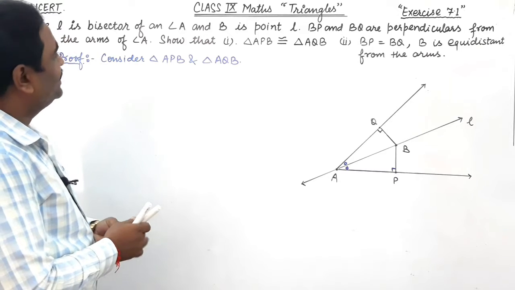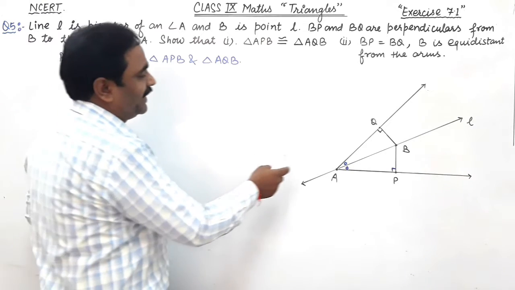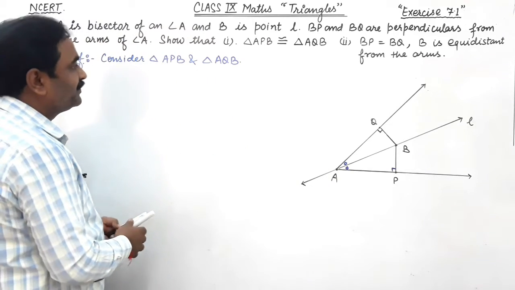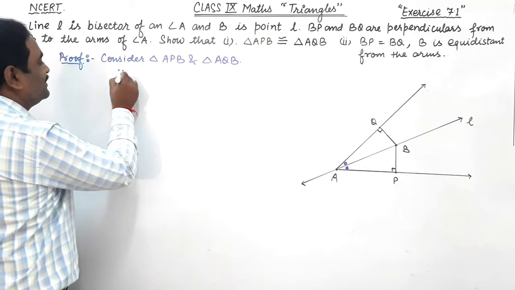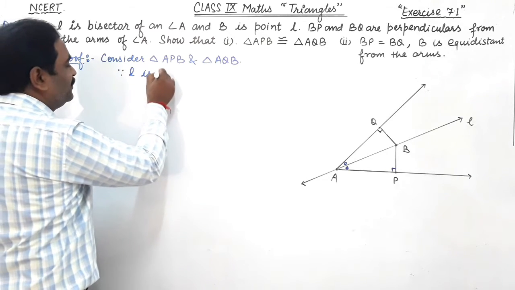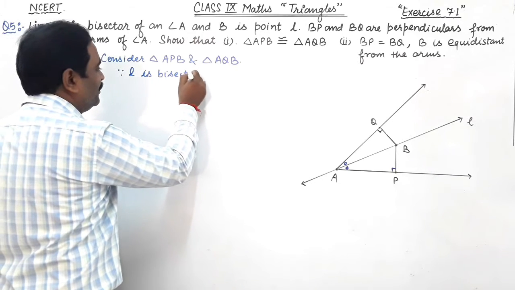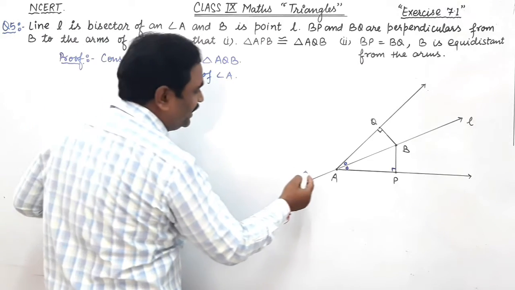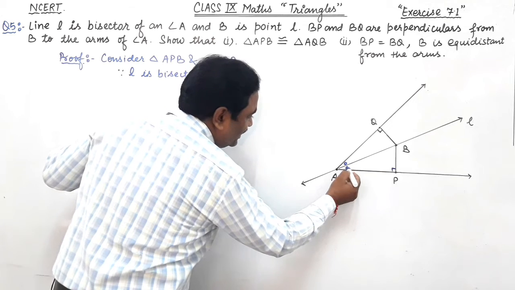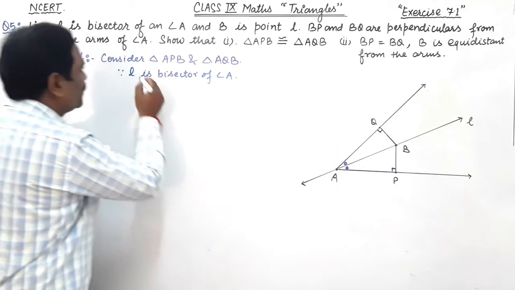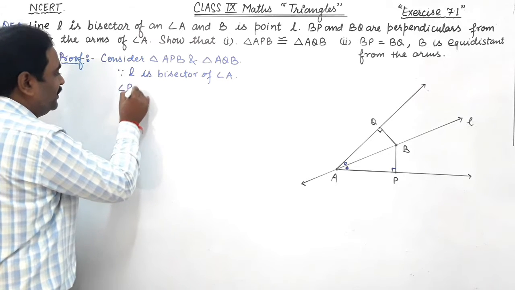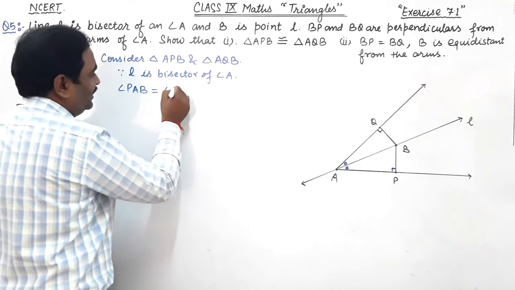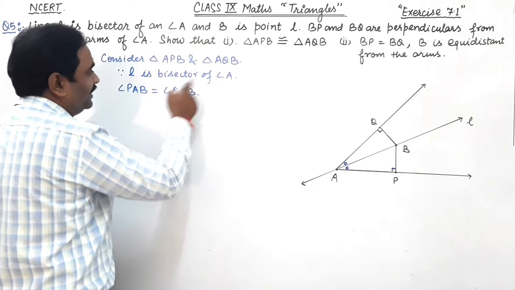As it is given, L is the bisector of angle A. So therefore, since line L is the bisector of angle A, in these two triangles, angle PAB is equal to angle QAB, because of this.